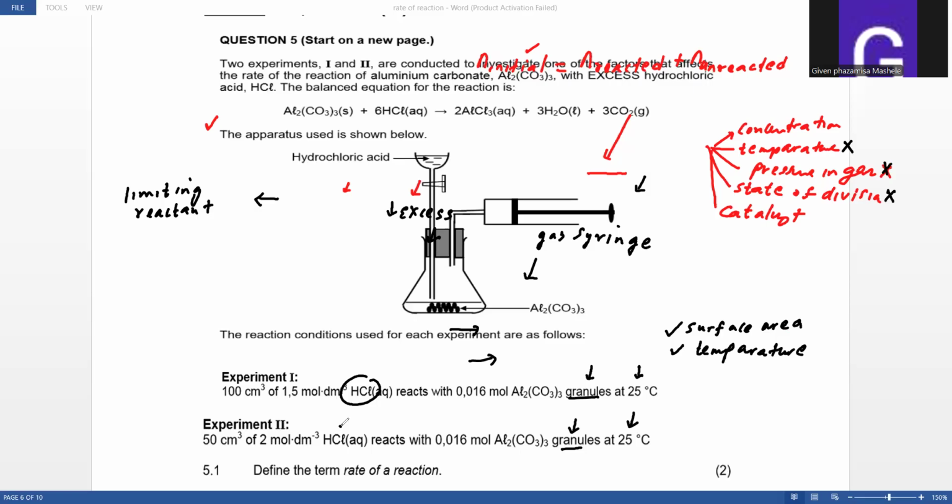Hydrochloric acid has different concentrations. So I want to compare these two experiments with respect to concentration. If we were to talk about the variables, the dependent variable is what we're actually looking at, which will be the rate of reaction. Then the independent variable here will be the concentration, the one that is changing.